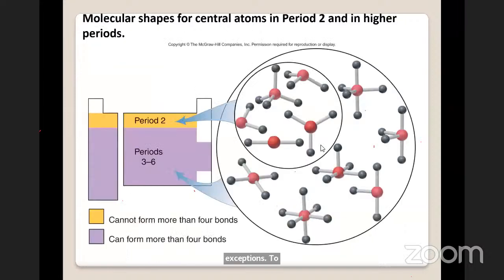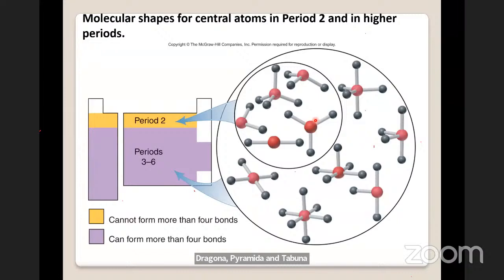Now, like I mentioned to you previously, the first full row of the periodic table, which is period 2, can only have these shapes: linear, bent, tetrahedral, trigonal pyramidal, and trigonal planar.